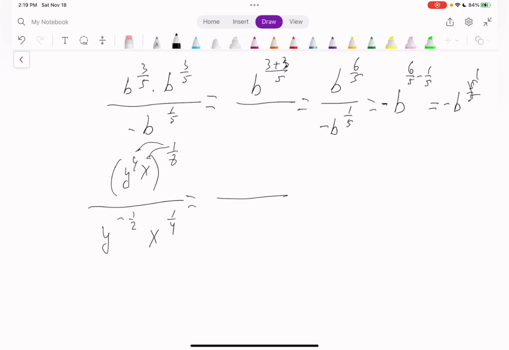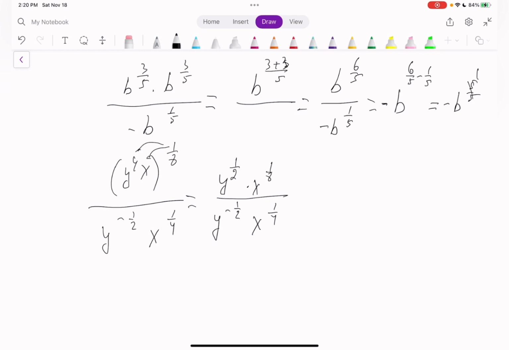Power to power we multiply. y to power 4 times 1/8, so I'm getting 4/8. I'm going slow. And then x to power 1/8. Here I have y to power negative 1/2 and x to power 1/4. So let me clean 4 over 8 and put 1/2, right?